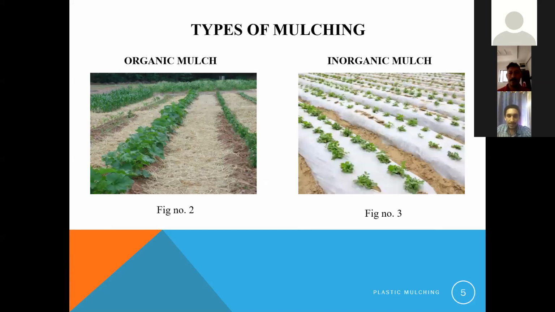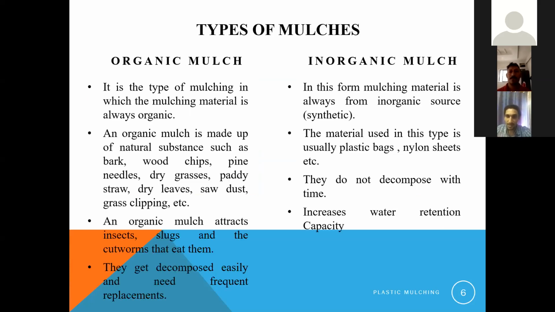Next slide, sir. There are two types of mulching process. First is organic, second one is inorganic. In the organic process, chips, pine needles, dry leaves are used.